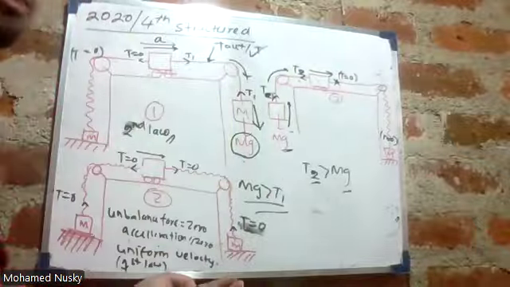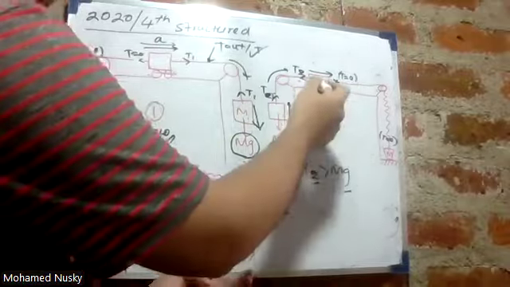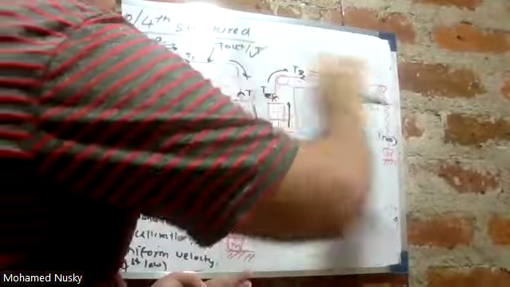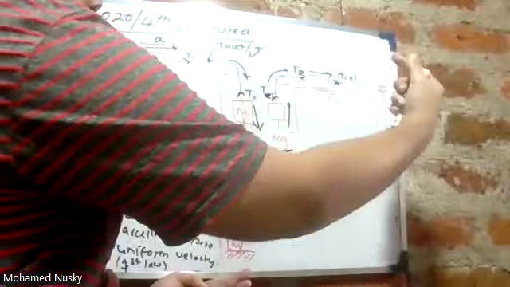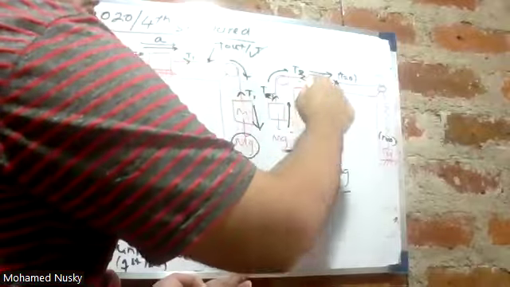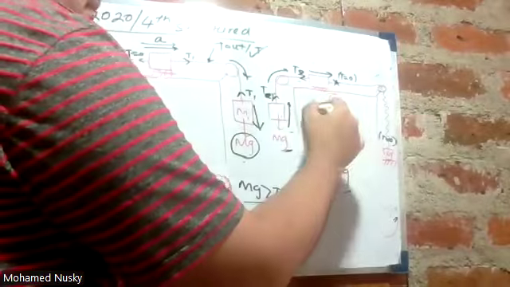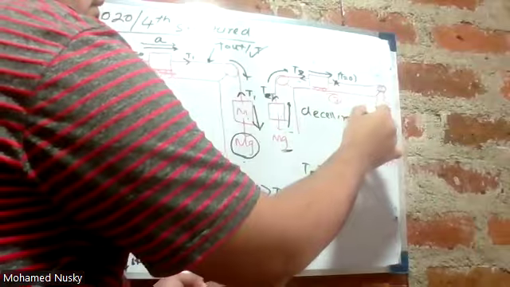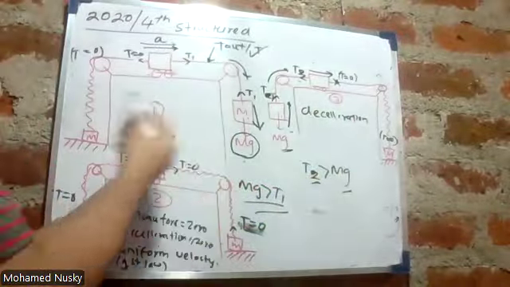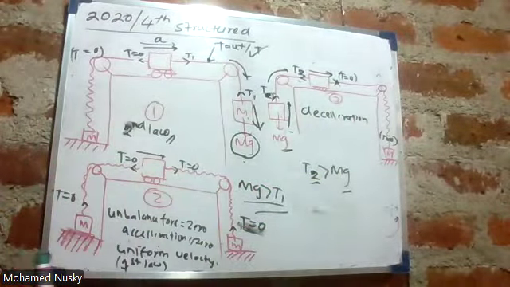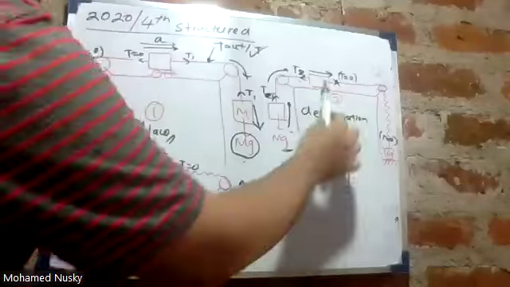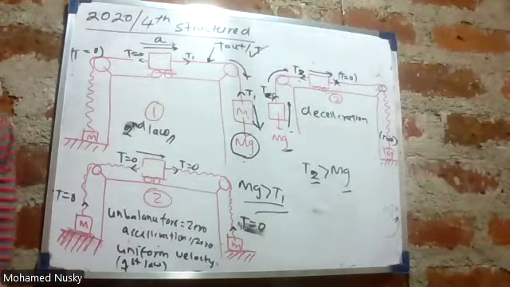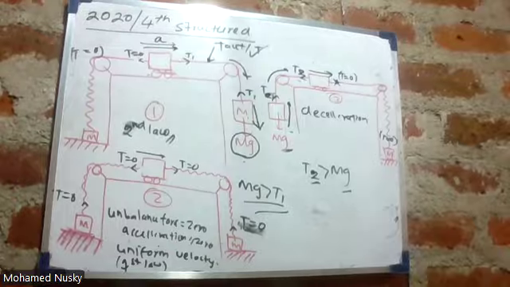So what will happen to this motion? The force acting is opposite to the direction of motion. The direction of motion is forward, the direction of force is backward. Therefore, there will be deceleration. Here, the trolley will be decelerating. This is the motion, I have explained it to you completely.